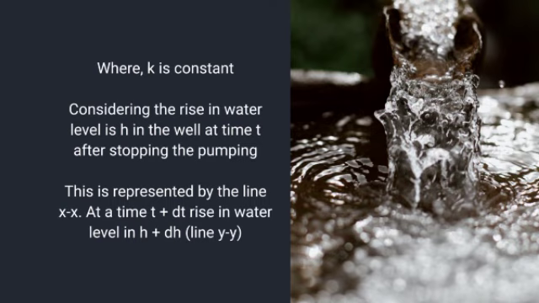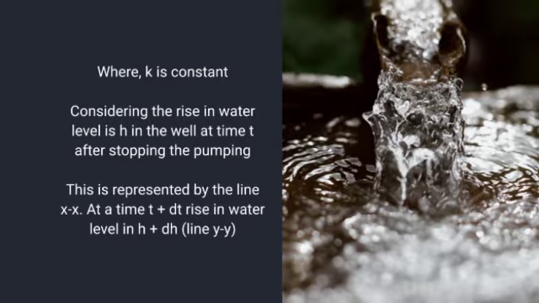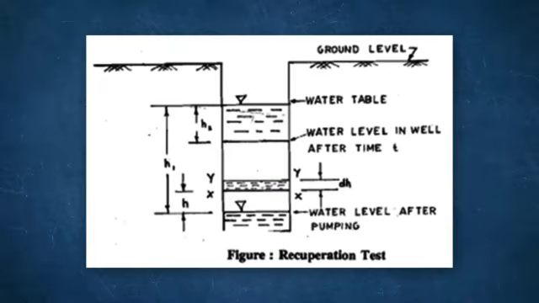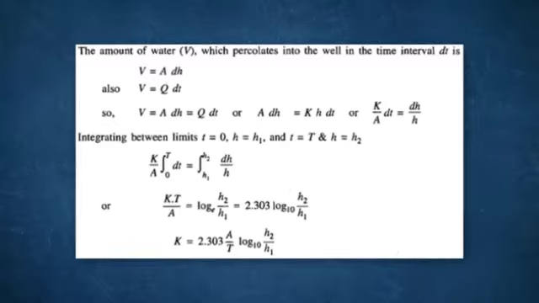At a time t plus dt, the rise in water level is H plus dH. This is shown in the line YY. So this is the picture for the recuperation test. The amount of water V which percolates into the well in the time interval dt is V equal to A dH.